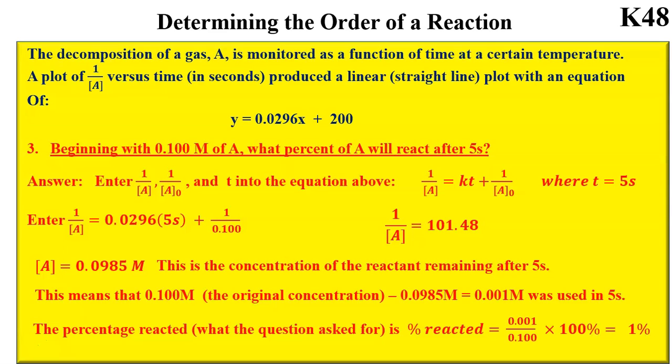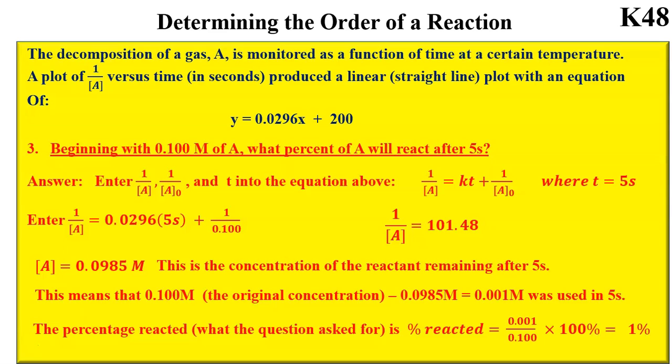Beginning with a 0.1 molar concentration of A, what percent of A will react after 5 seconds? So again, you want to identify the different variables. So you want to enter 1 over concentration of A, 1 over initial concentration of A, and T into the equation. So we have the equation there off to the left, and T is 5 seconds. Then you go ahead and substitute in your numbers.